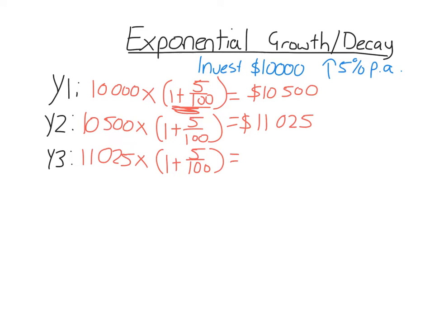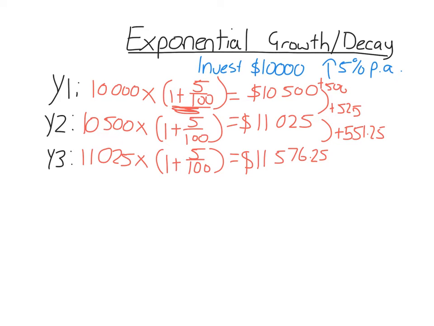And if I do that, I now have $11,576.25. So you can see in the first year, it increased by 500. Then in the second year, it increased by 525. Now it's increased by $551.25. So it's increasing at an increasing rate. And that's what's happening with exponential growth, increasing at an increasing rate.